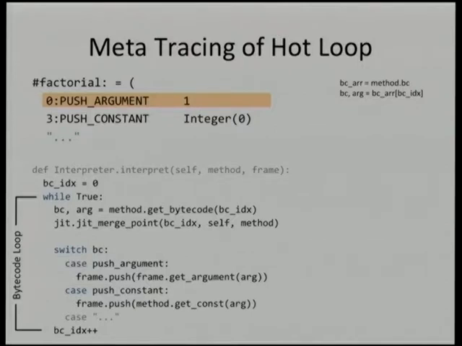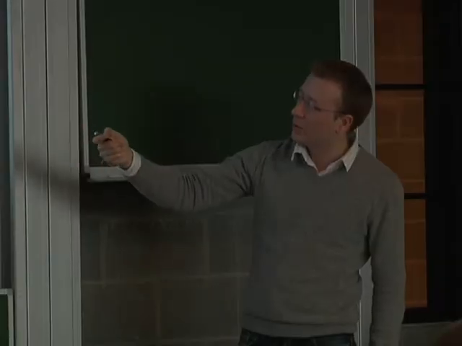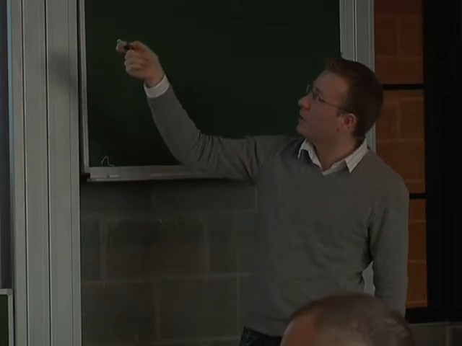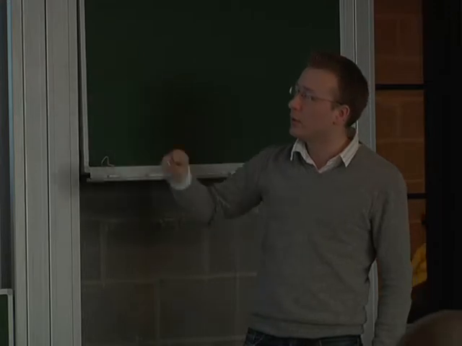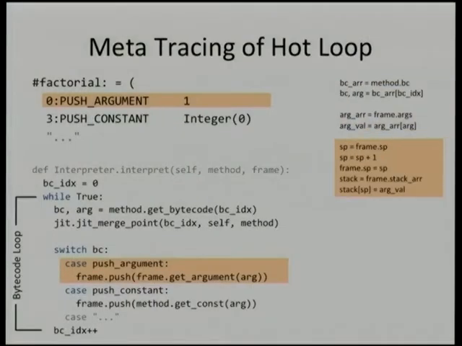But we know now that actually the first bytecode in that method was a push argument bytecode. So what now happens with the push argument bytecode is exactly that fragment. And as you also might notice, we actually didn't note down any kind of method invocation, because it's not really relevant. We really just want to know what were the concrete actions performed. And then here again, we start with a frame get argument. So we go to the frame, go to the arguments array, get that arguments value out there, and basically note all those operations down.